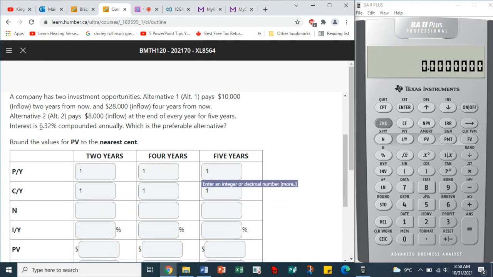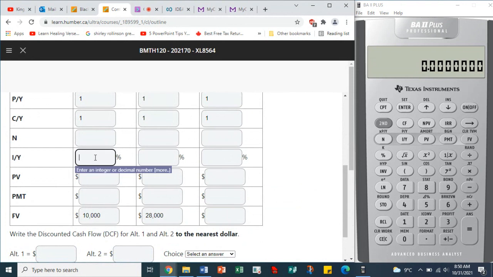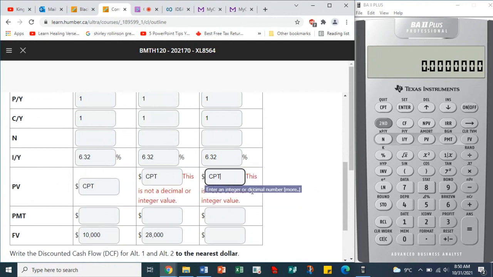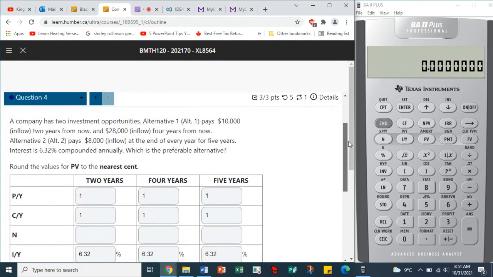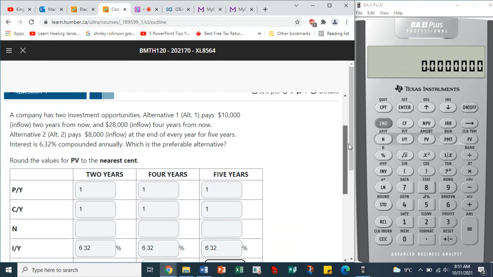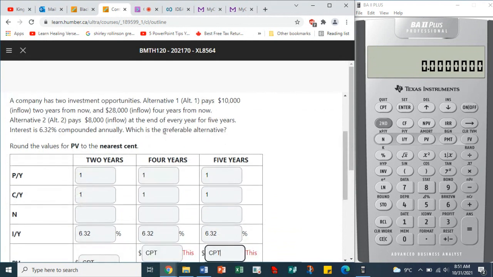The interest rate is 6.32, so 6.32 will go in here, here, and here. Present value is what we are computing for all of them. And which is the preferable alternative?